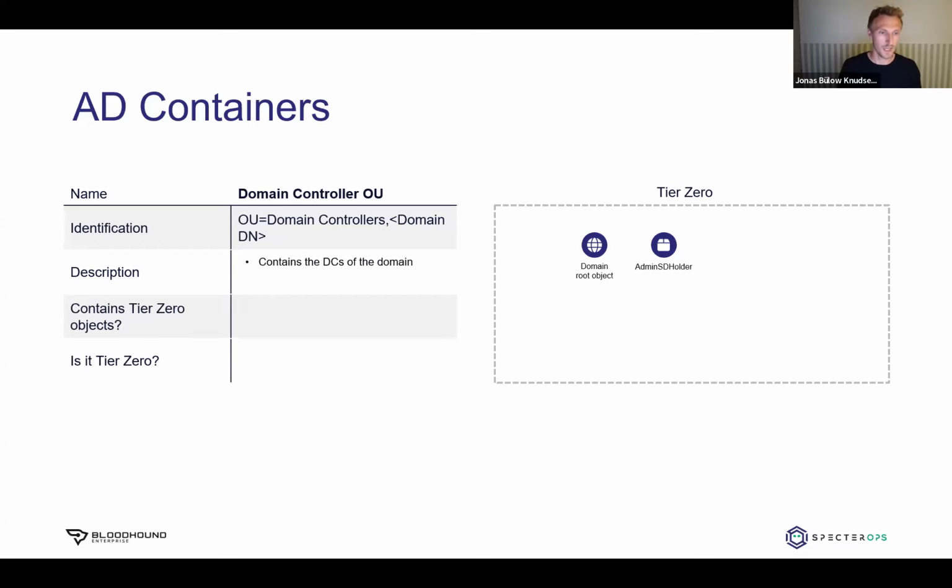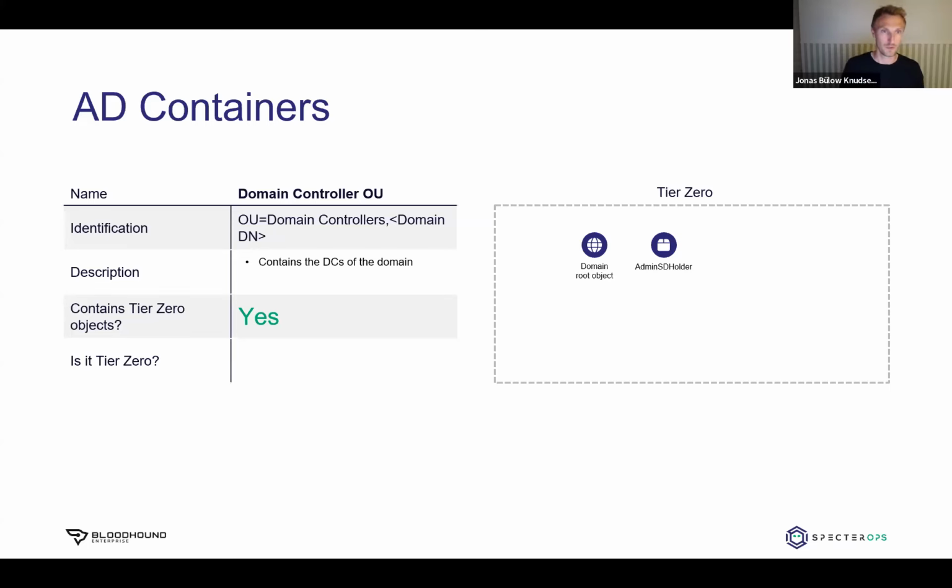And these domain controllers in the environment can be compromised if you have control over the Domain Controllers OU. You could, for example, link a malicious GPO to the container and thereby compromise the domain controllers.